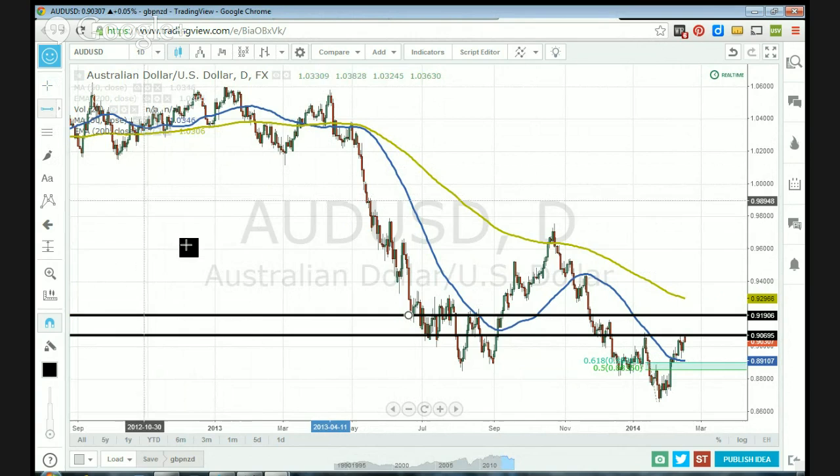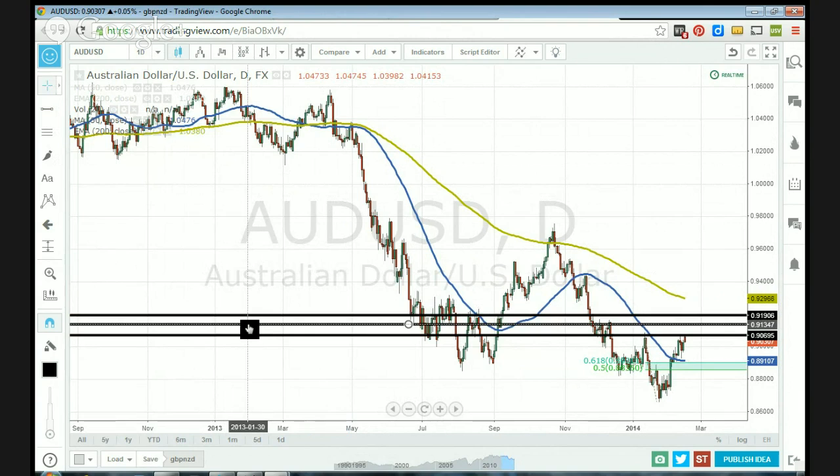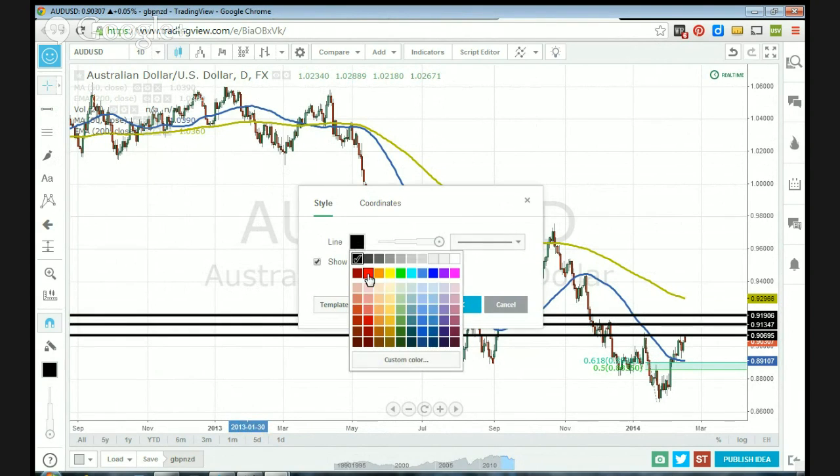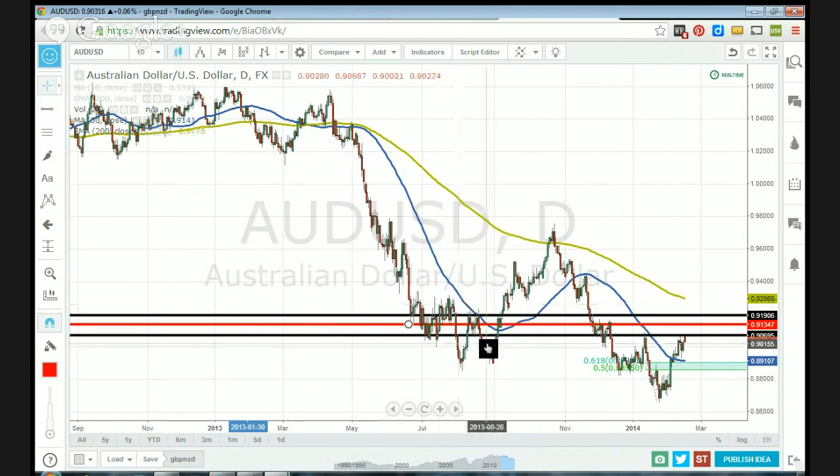So I think basically what I would do is something like this. Okay, 70. So I'm risking 65 pips here. And I could target.